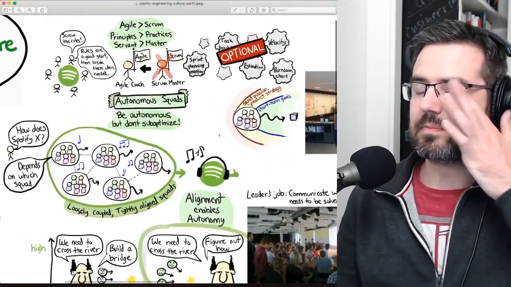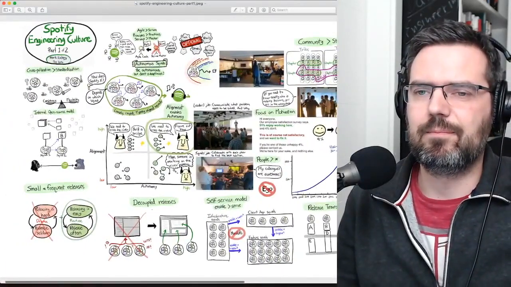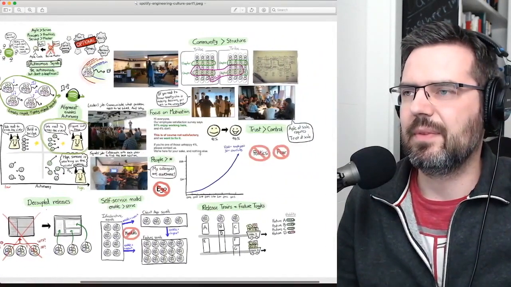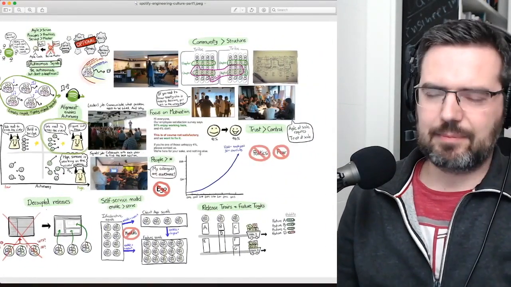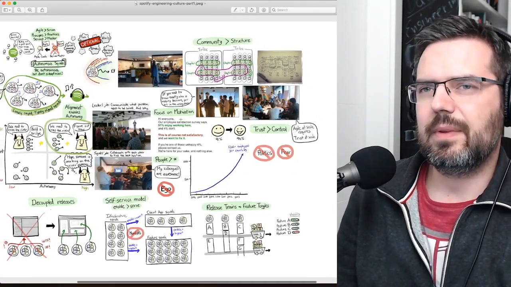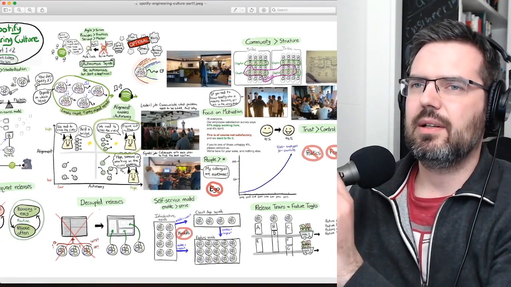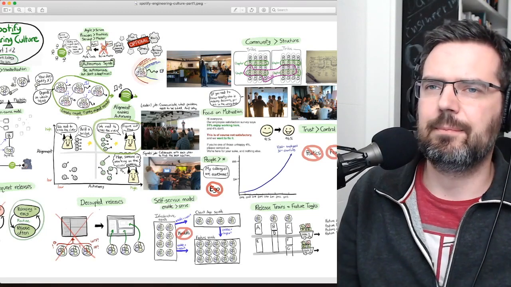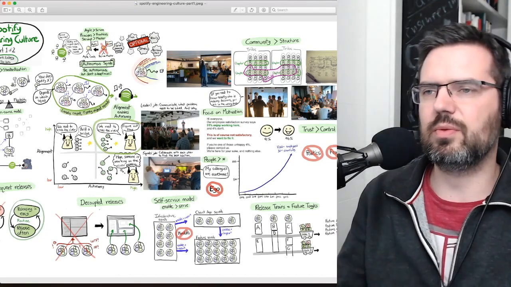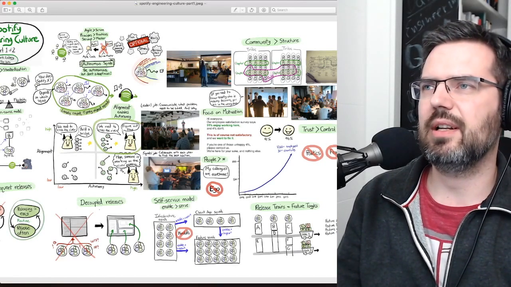Yeah. So basically, in this thing, as you can see, the main thing is trust over control, and that people work in teams, and teams are loosely coupled and tightly aligned, so people know which way to go, and they work in agile teams.